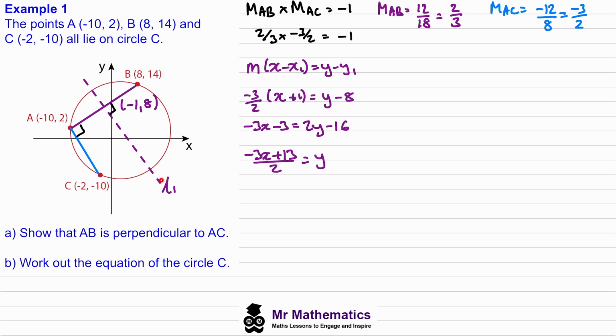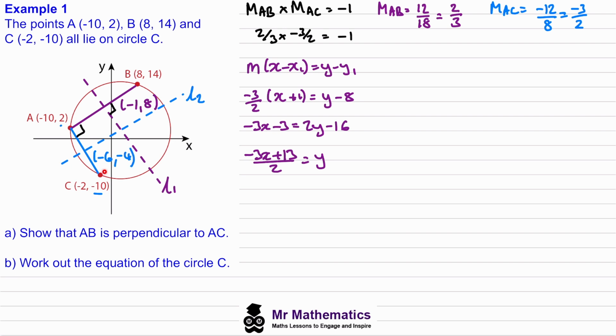Now we need to go through the same process to work out the equation of line L2. So again, we're going to need to work out a point on this line L2, which is the midpoint of this chord. So we'll work out the average x value. So -10 take away 2 divided by 2 gives us -6. And the average y value, 2 take away 10 divided by 2, gives us -4.